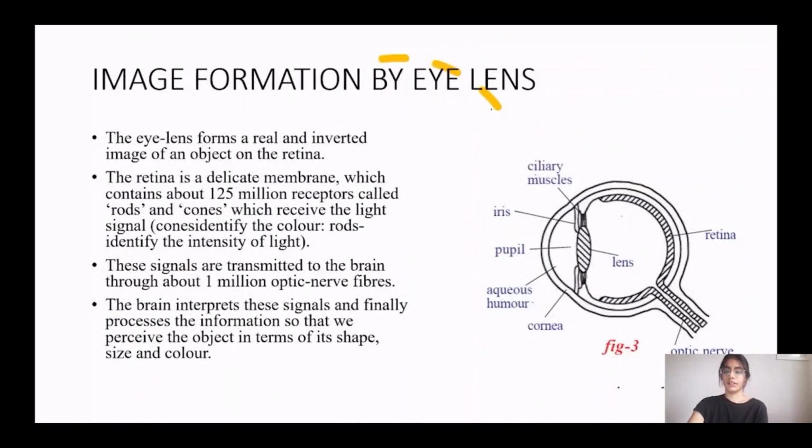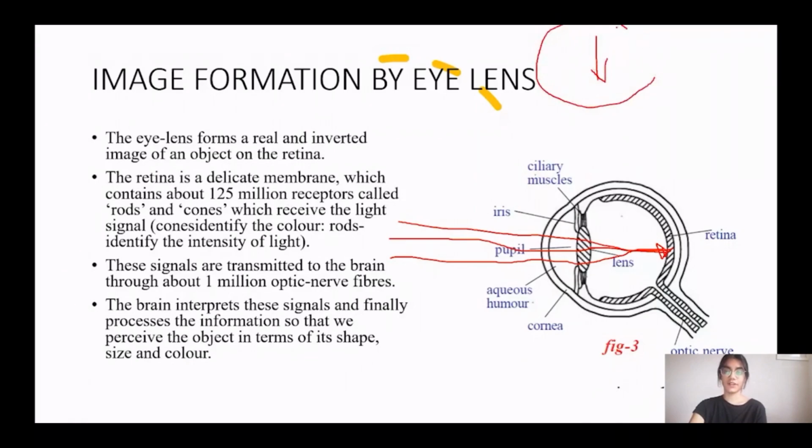So as I told you, rays will come to the eye lens, and after refraction they will form the image at the retina. The image that is formed at the retina is real, inverted and diminished. So it is an inverted image.